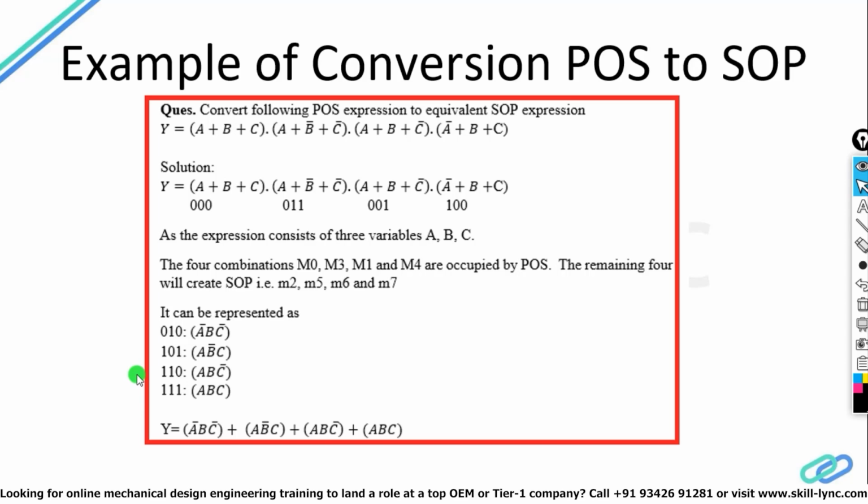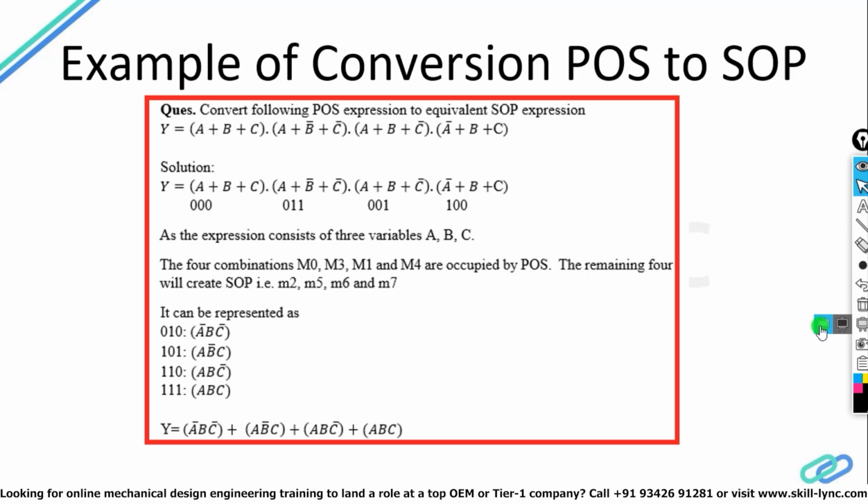Because we have to write this in the form of SOP, we take all the product terms individually and put a plus sign between each of them, meaning a logical OR operation between these product terms. The final function that you get is the desired SOP function extracted from this POS. This is how we convert from SOP to POS or POS to SOP.